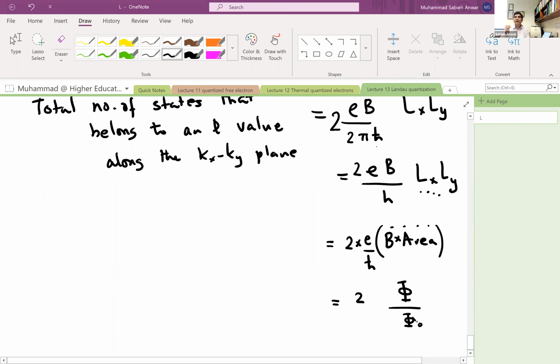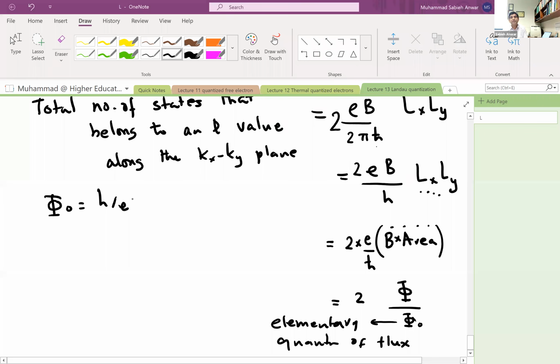This phi naught is the elementary quantum of flux. Just like small e is the elementary quantum of charge, phi naught, h bar over e, is the elementary quantum of flux. It's a really important concept.